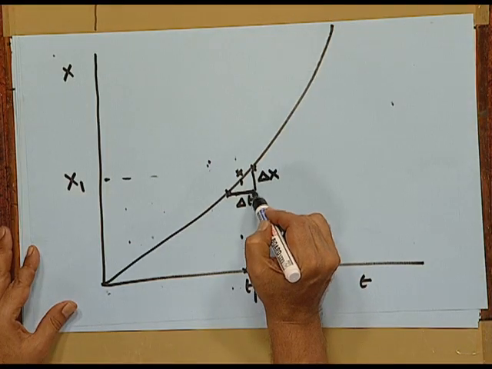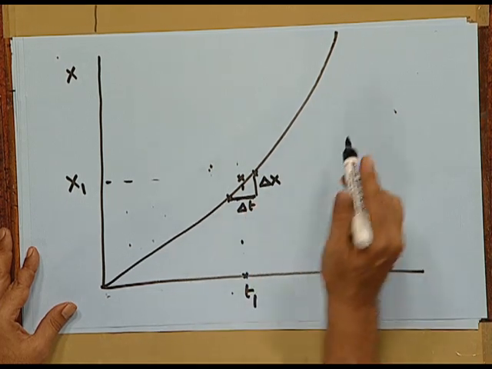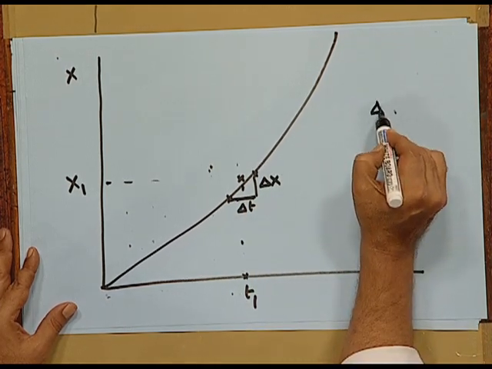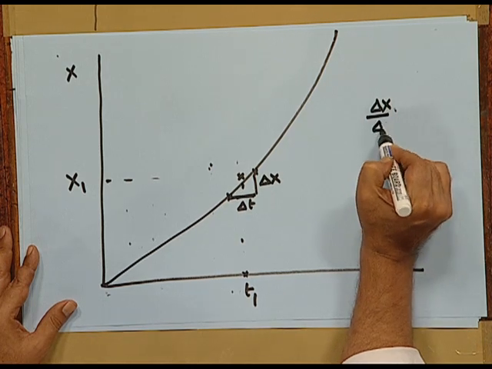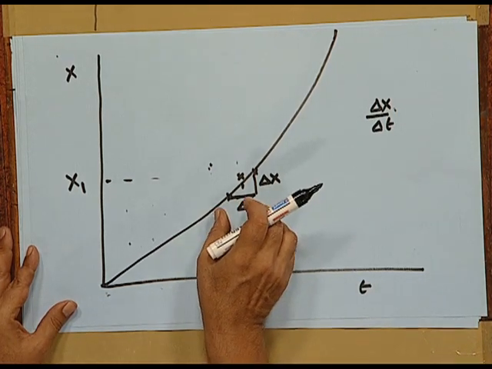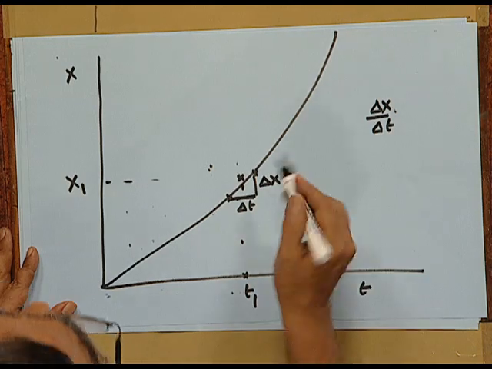Here I find the change in position in that small interval, which I represent as delta x, and call it delta x by delta t. But please note this delta t is small. You make it still smaller.